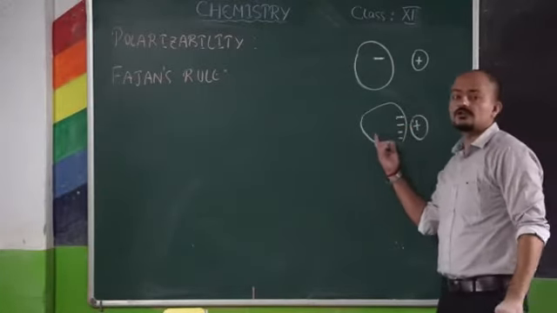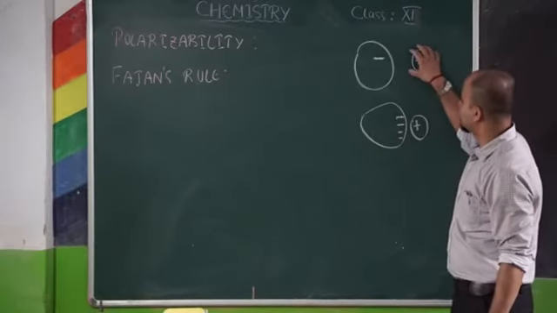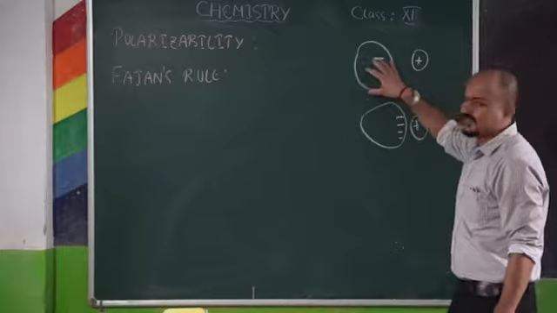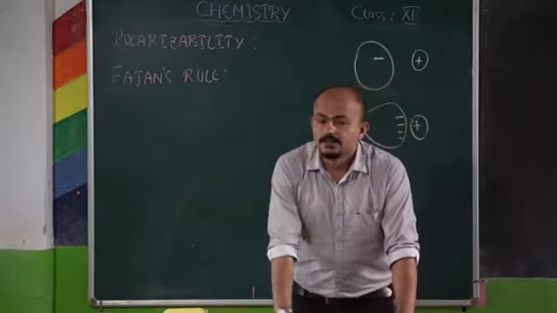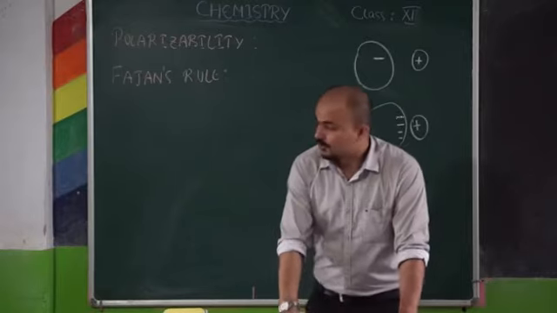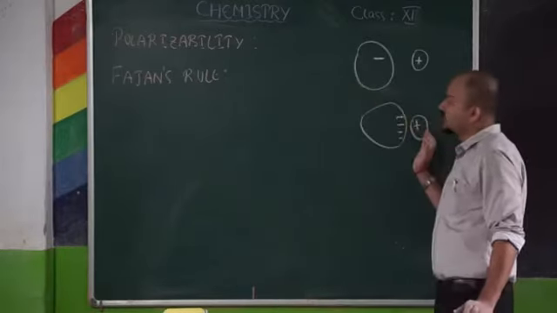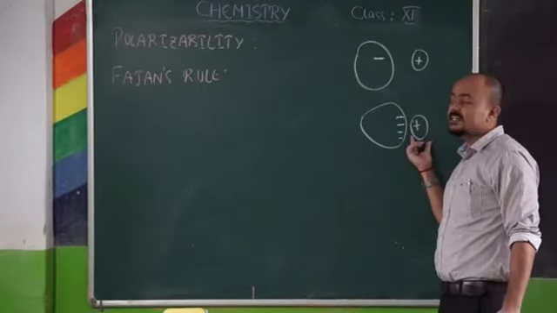This distortion caused by the positively charged cation in the shape of the anion is known as polarizability, and the power to do so is known as the polarizing power of the cation.